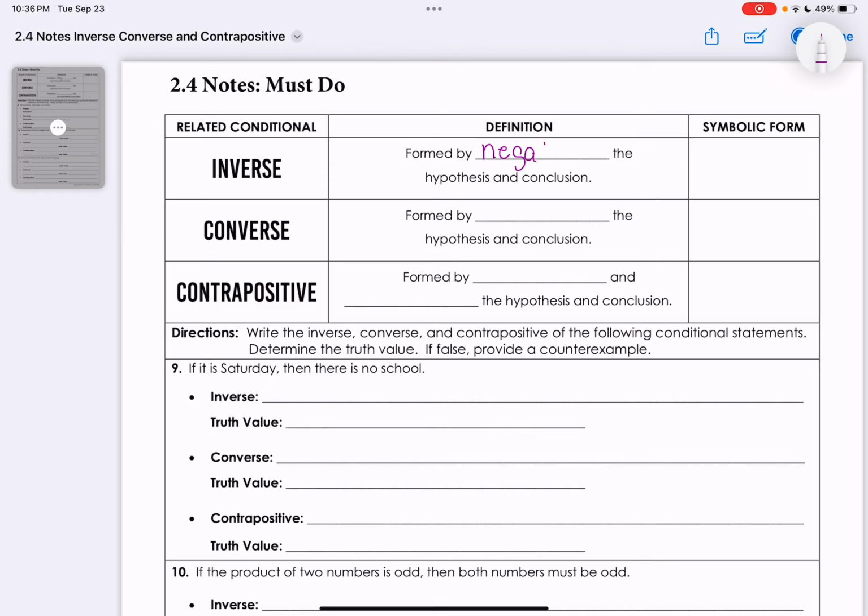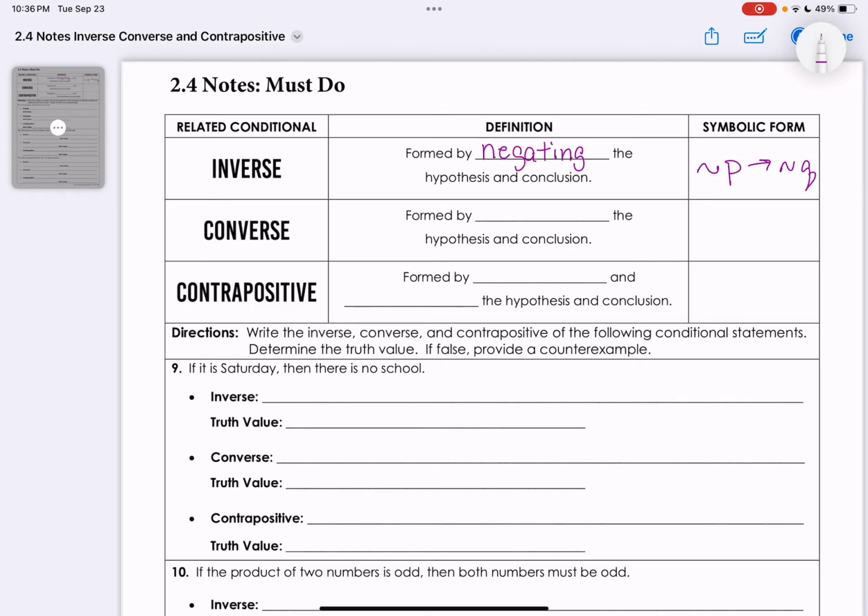It's formed by negating, or making negative, the hypothesis and the conclusion. In symbolic form: not, remember that means not, so not P, if not P, then not Q.